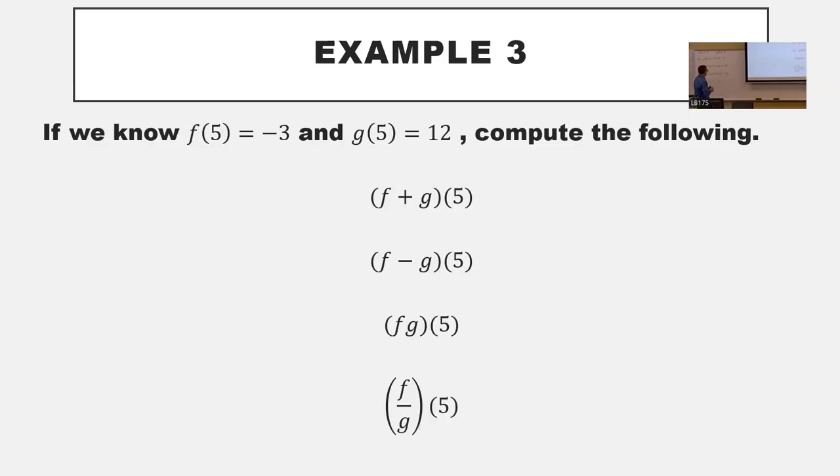You just take 12 over -3. So when you multiply, the order of multiplication doesn't matter, but when you subtract, when you divide, order matters. So be careful about that if on the homework it does G minus F, or if it does G divided by F.